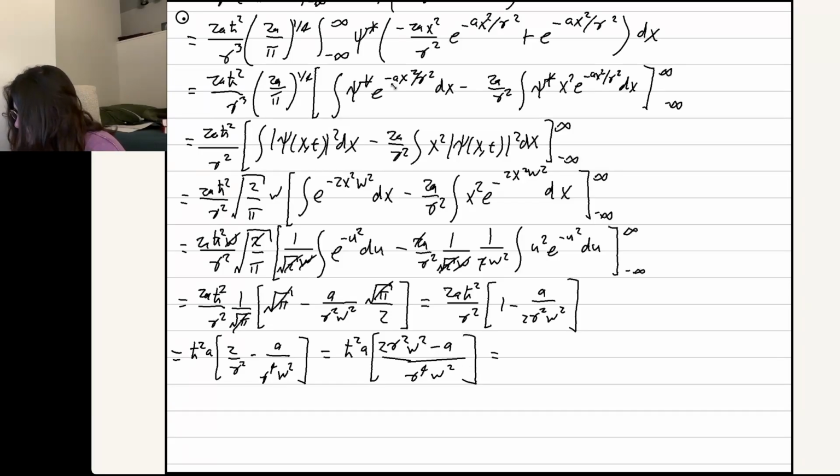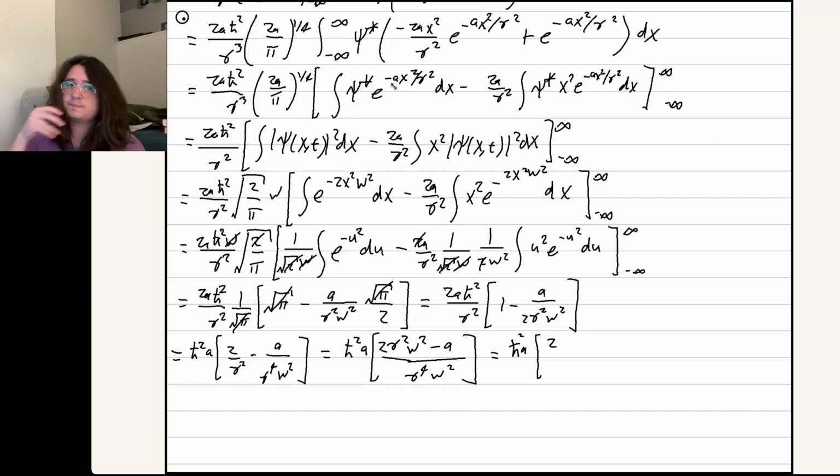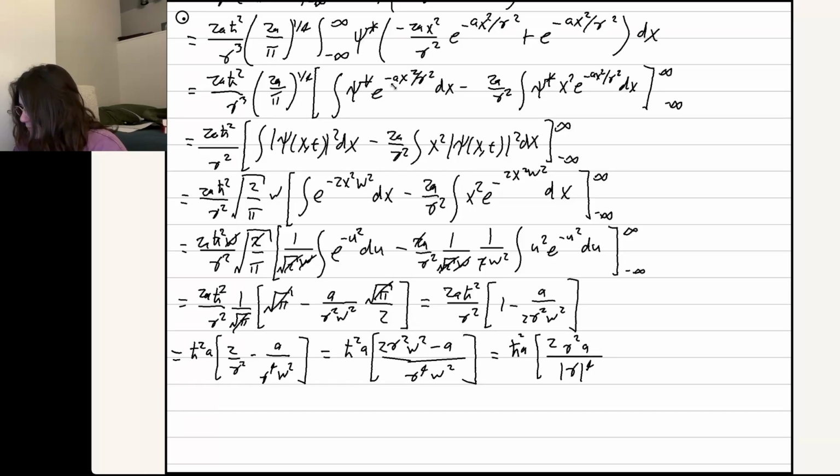like that. And then remembering our definition of w as being just the square root of a over mod gamma squared, we'll have 2 gamma squared a over mod gamma to the 4th minus a, and then that denominator becomes gamma to the 4th a over mod gamma to the 4th.